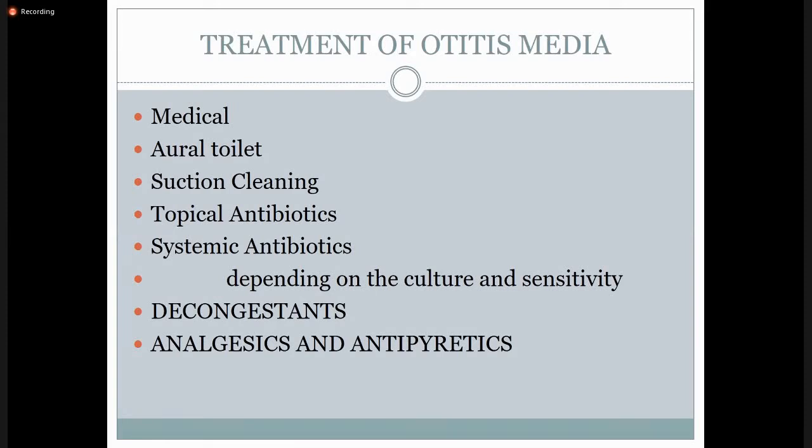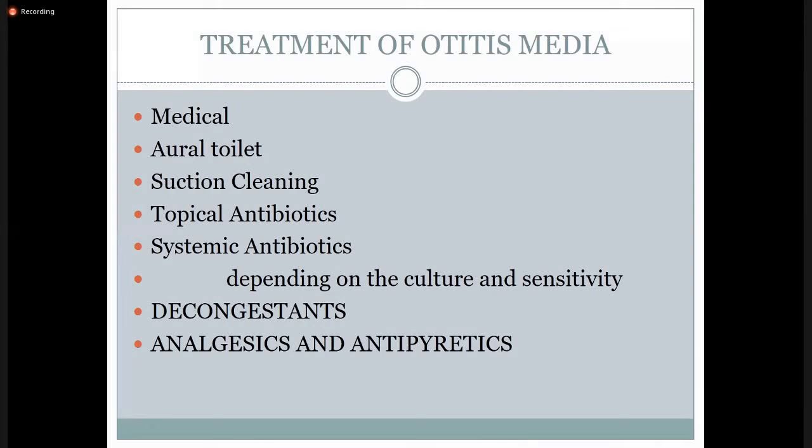Topical antibiotics are sometimes advised in the form of drops, and systemic antibiotics. If pus is coming out of the canal, then we have to send a specimen of pus, wait for the culture report to come, and then it's better to start targeted antibiotics depending upon the culture sensitivity report.